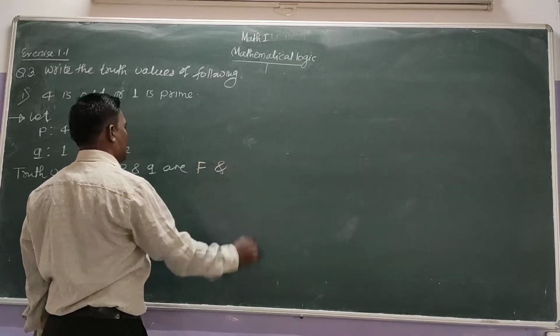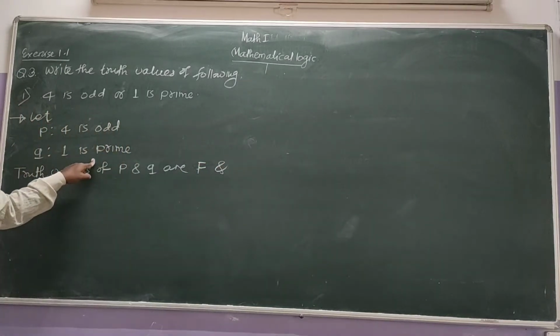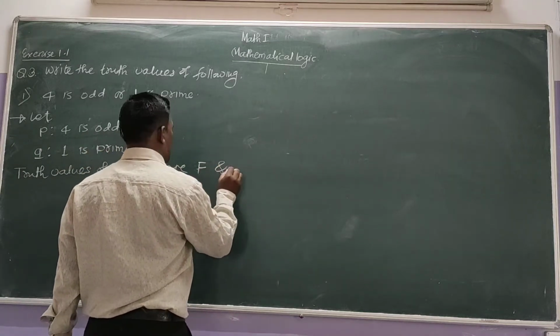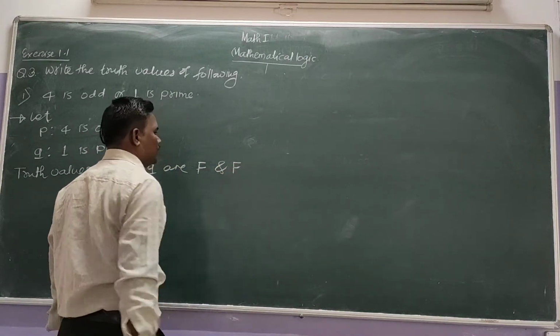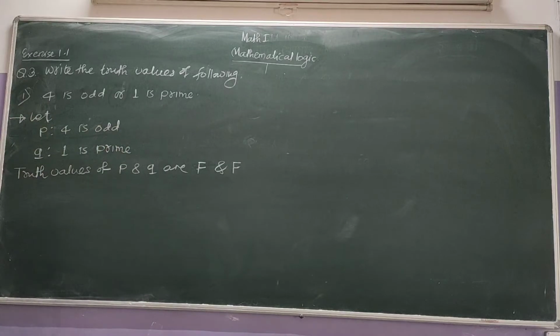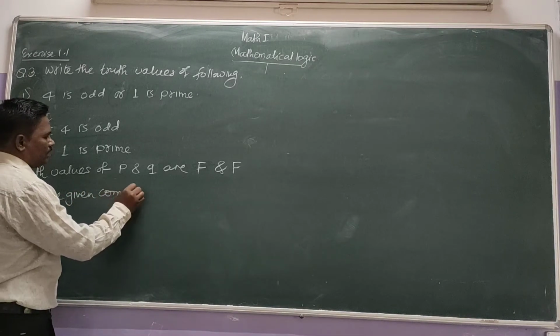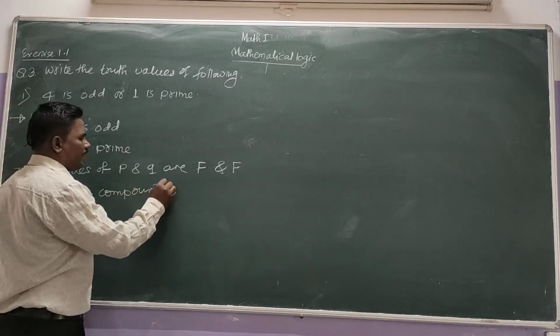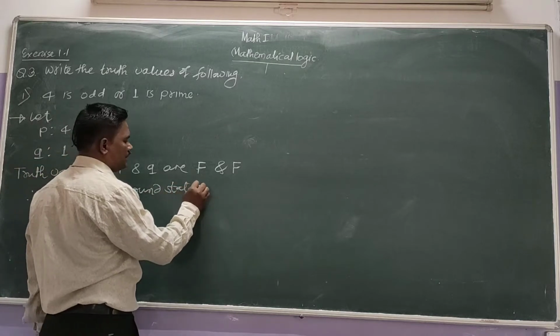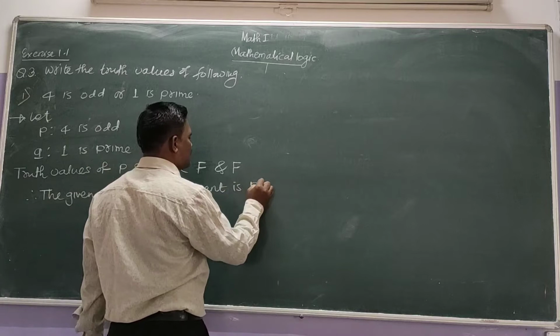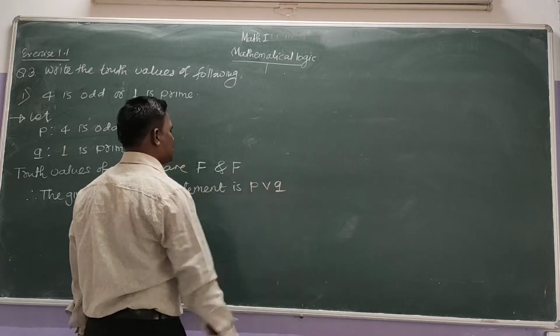And here 1 is prime. 1 cannot be a prime number, therefore both are false. Therefore the given compound statement is p disjunction q.